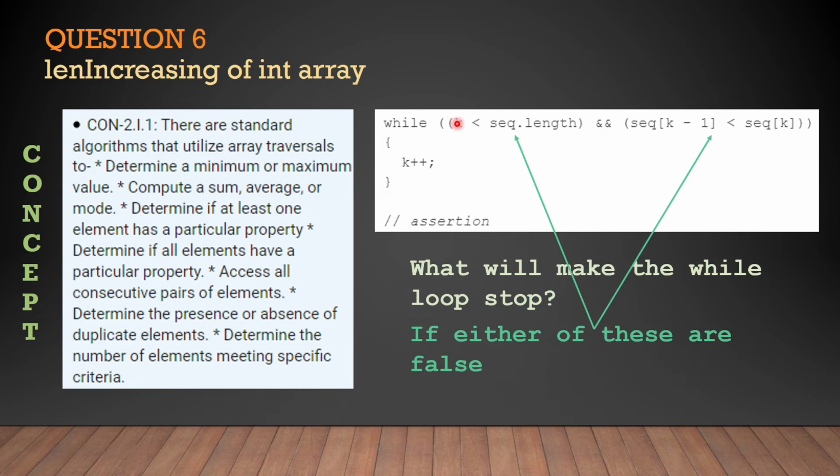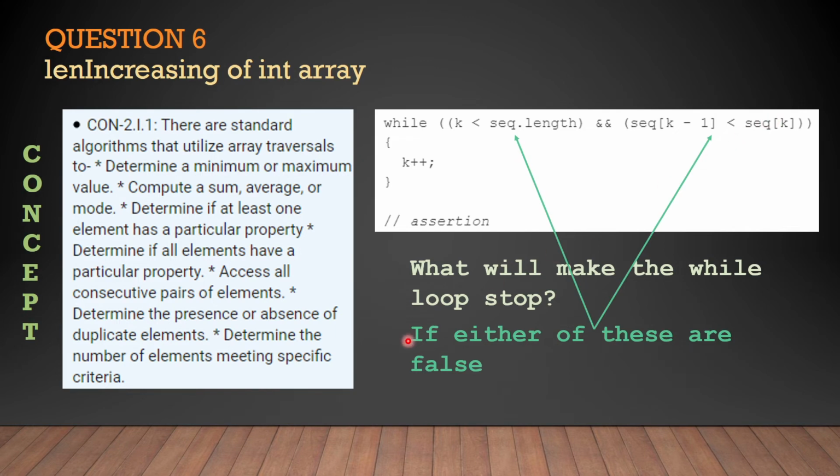So either k becomes less than the sequence length, the length of the array, or the value before k is less than the value at k, right? So k is the index. If the value to the left is less than the value at that index position, right? So really, it's basically saying if this value is lower than this value, then we'll quit as well.